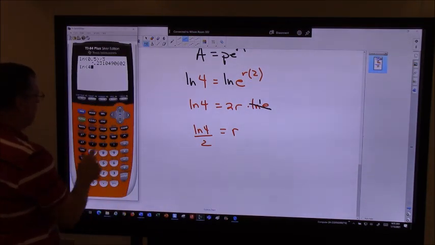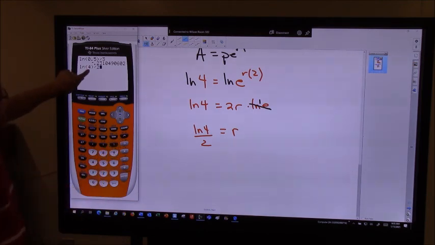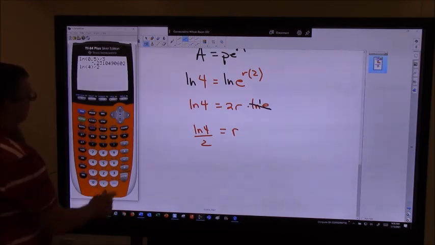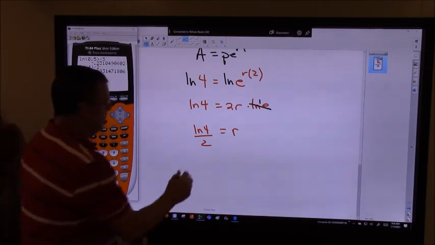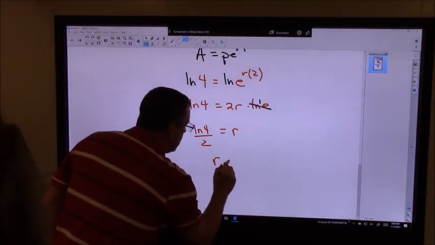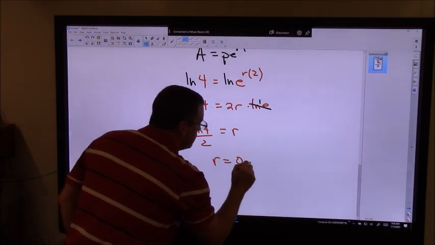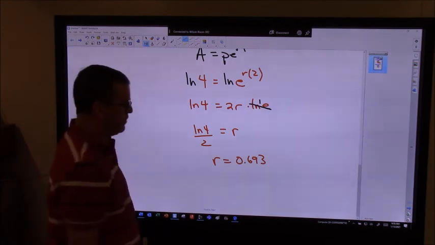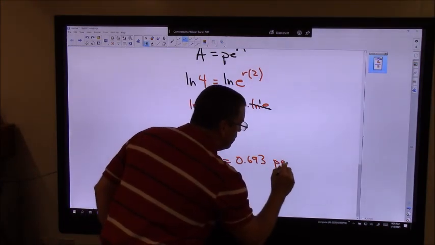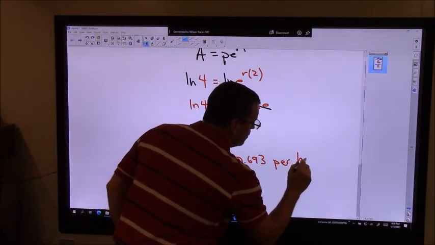I do natural log of 4 divided by 2. Make sure you get that closed parenthesis on the natural log. Okay, if that's not there, it changes the whole problem. So 0.693. So r equals 0.693. That's our growth rate per hour.